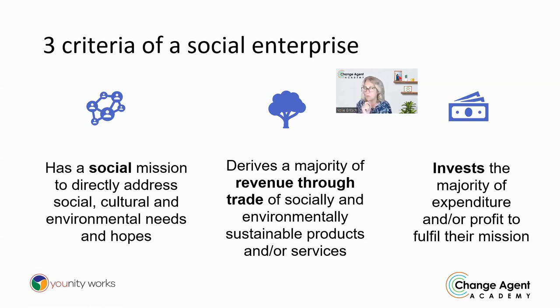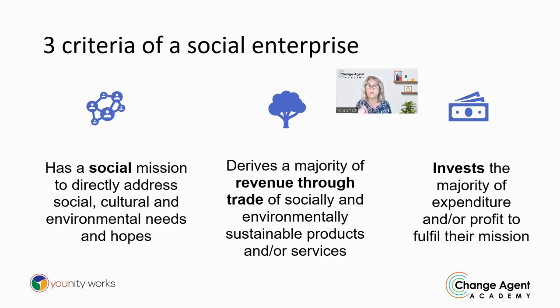What that means and what's critical is that it does not indirectly address these things. And indirectly means that they might be volunteering or donating. No. That's a corporate social responsibility approach. That's an indirect approach. This is where the focus is on directly addressing those environmental, social, and cultural needs.